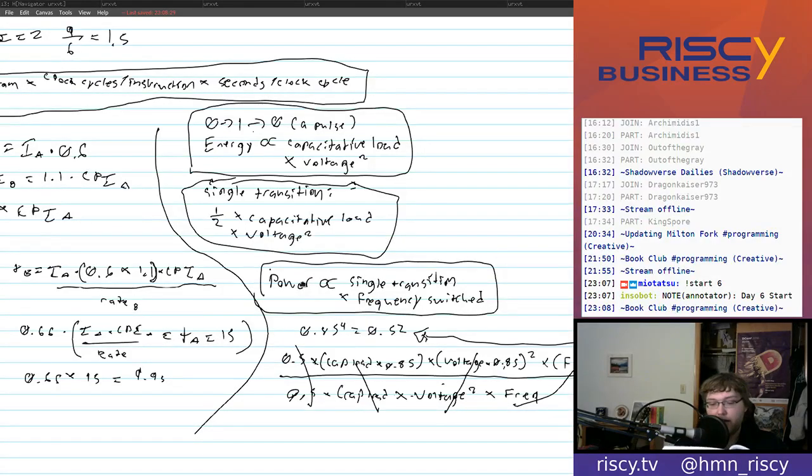So let's take a moment here and look at the figure they talk about. So we've got a table here. I'll read the descriptions first. This is SPEC CPU2006 benchmarks running on a 2.66 GHz Intel Core i7-920.